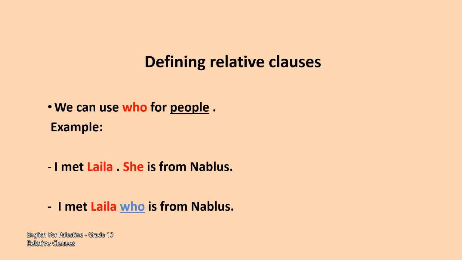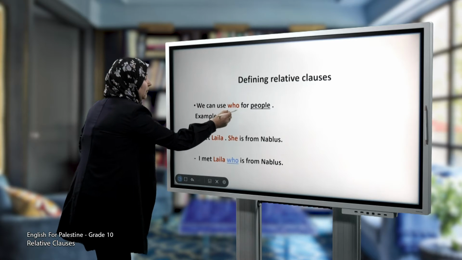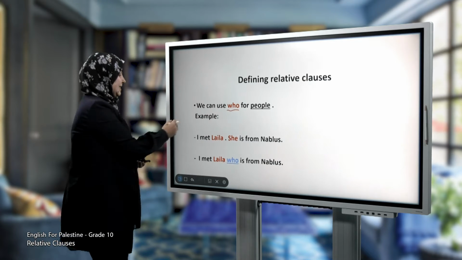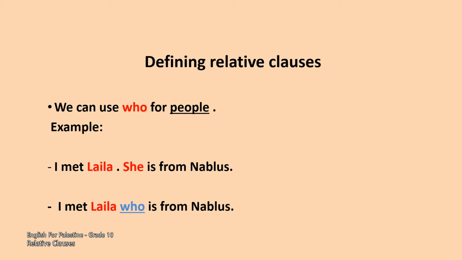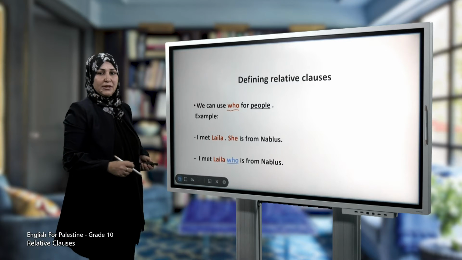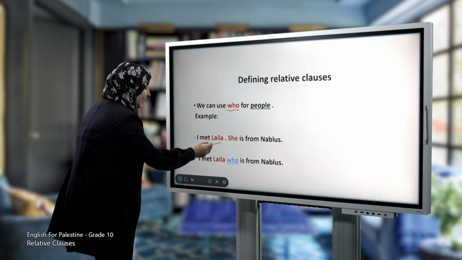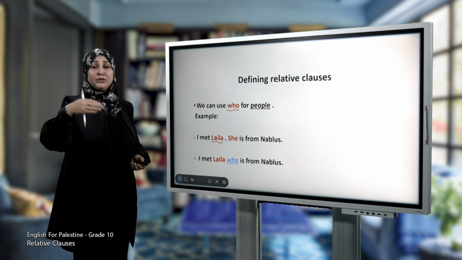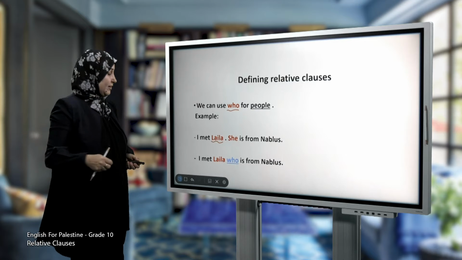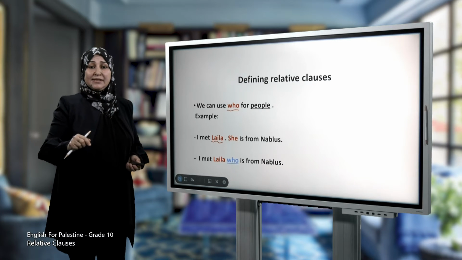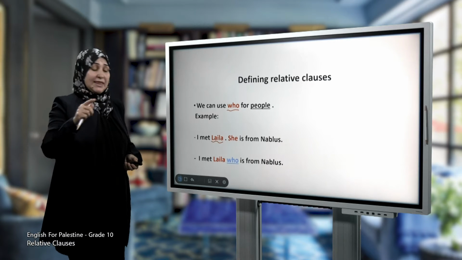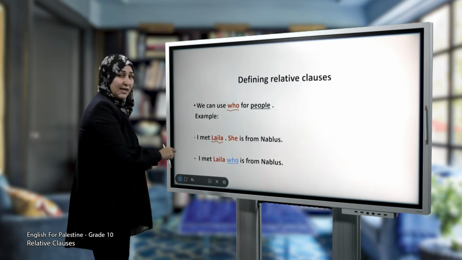Defining relative clauses: we use who for people. Example: I met Layla. She is from Nablus. In the first sentence, we are talking about Layla, and in the second sentence we use a pronoun that refers to Layla.